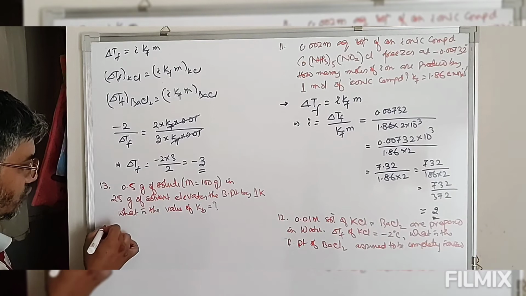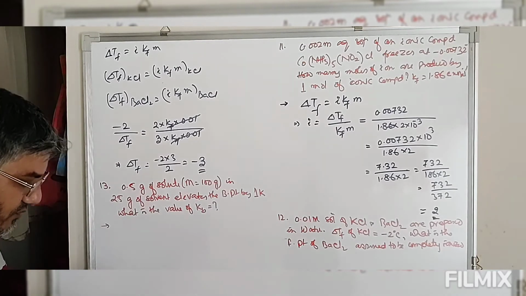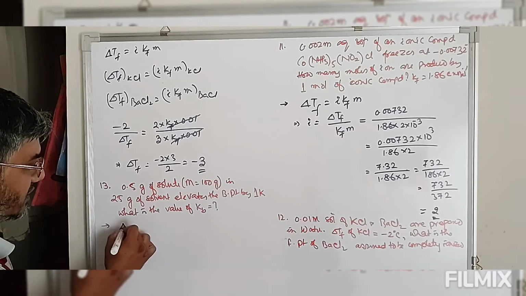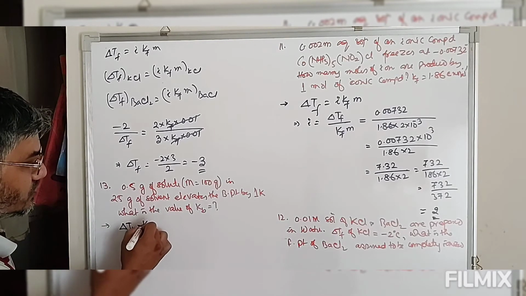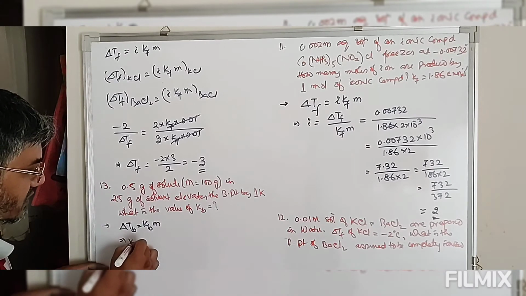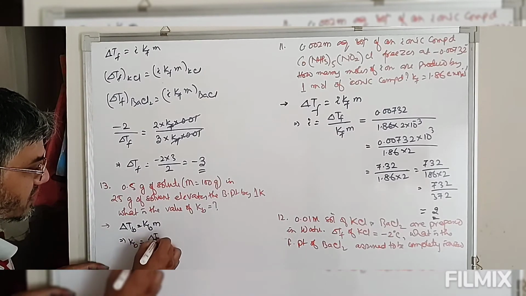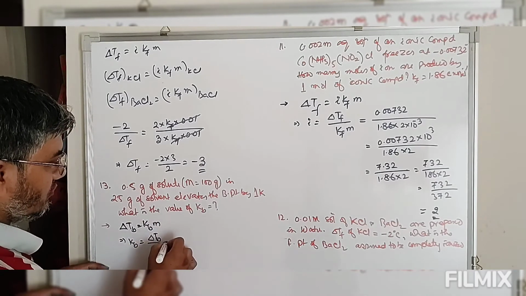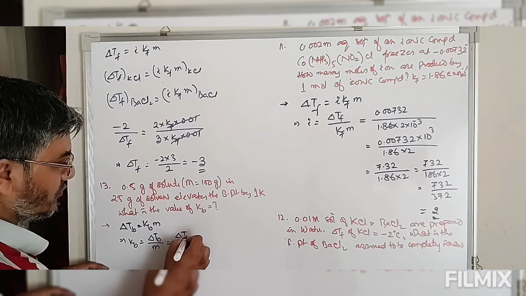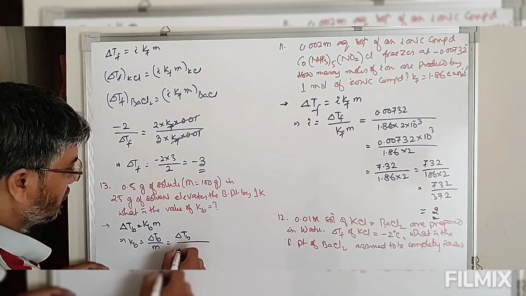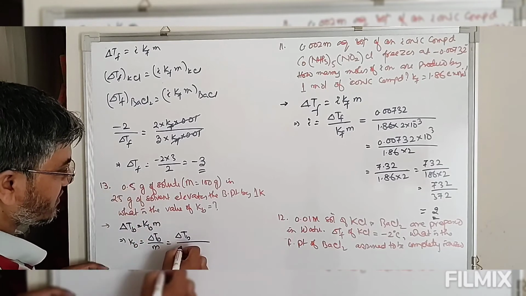Now the question involves elevation in boiling point, so we have to use the equation of elevation in boiling point. Therefore delta Tb is equal to Kb into molality. So Kb is equal to delta Tb by molality. Now molality is defined as number of moles divided by kilogram of solvent. Number of moles of solute is mass divided by molar mass.